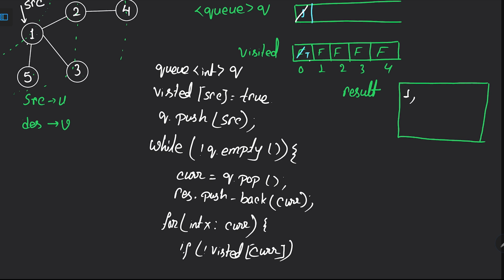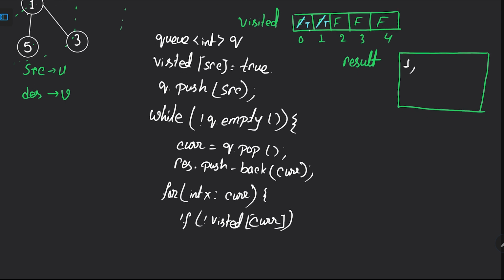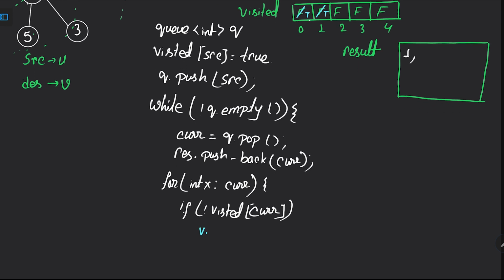First will be 2. Because 2 is not visited, then after visiting it will also make it true. If not visited means 2 is not visited, so visit of x is equal to true, and it will do q.push of x.